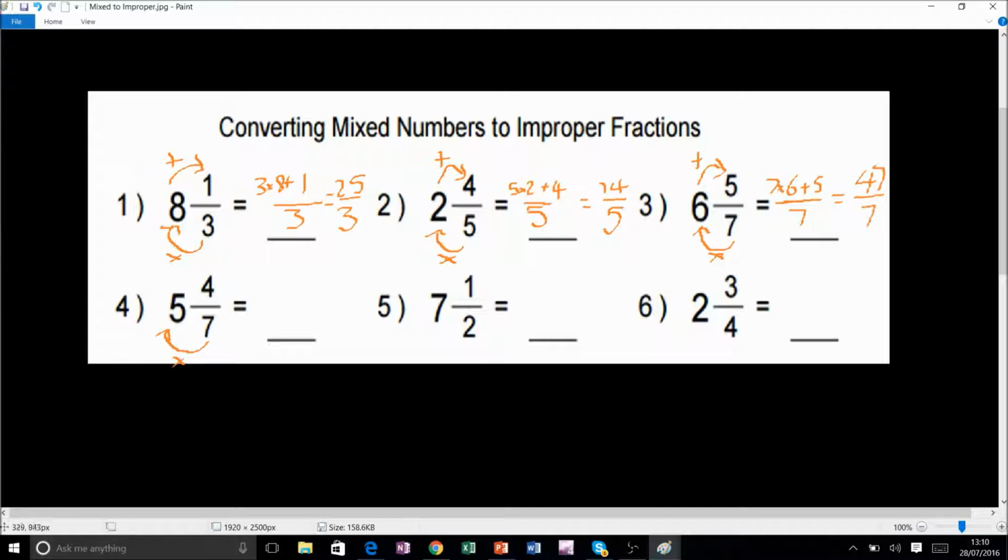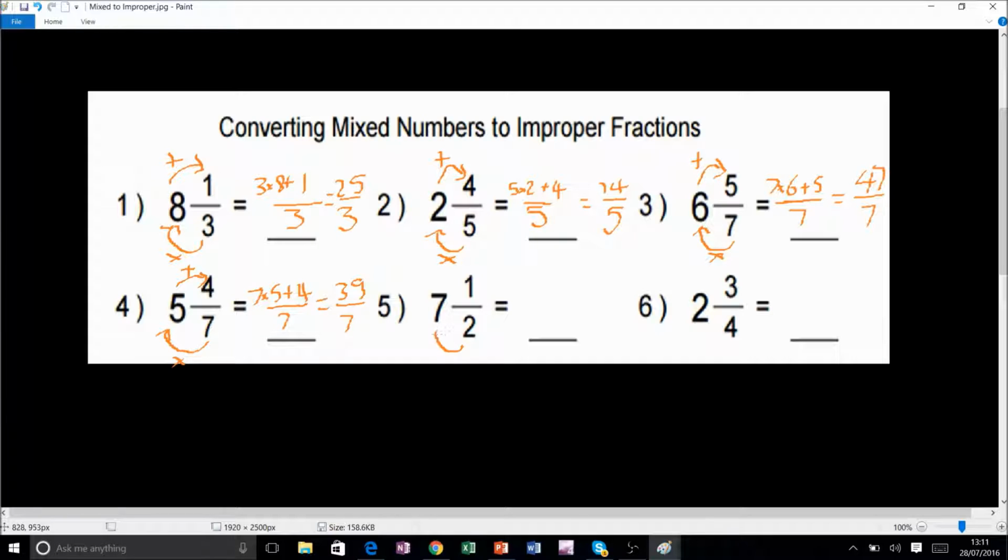Look at the next one here. Again, we're going to multiply, and then we're going to add. So we're going to have 7 times 5 plus 4. So 7 times 5 is 35, plus 4 is 39.